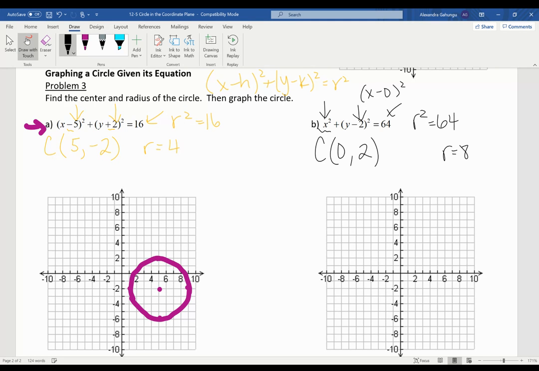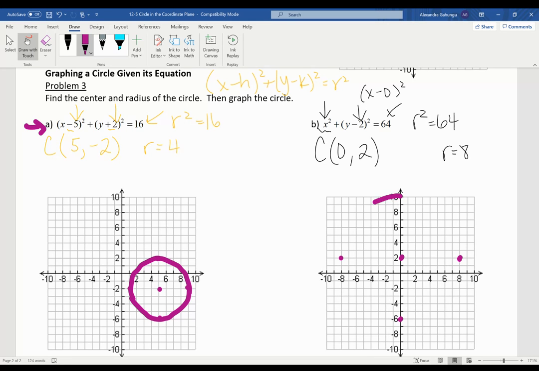So I'm going to start at 0, comma 2, and I'm going to move 8 units out in every direction. So 0 left and right, and then just up 2. And then I'm going to go 8 units to the right, 8 units up, 8 units to the left, 8 units down.